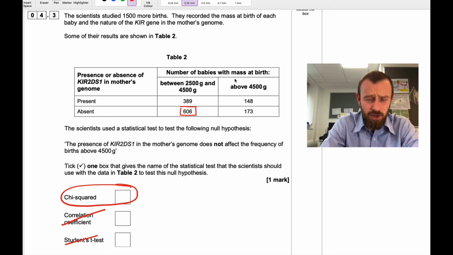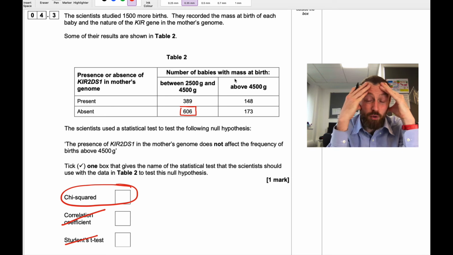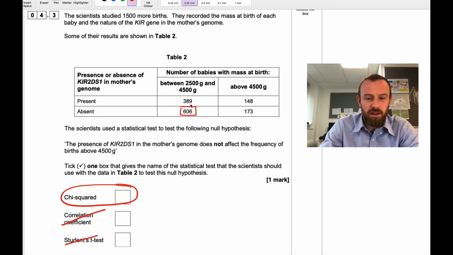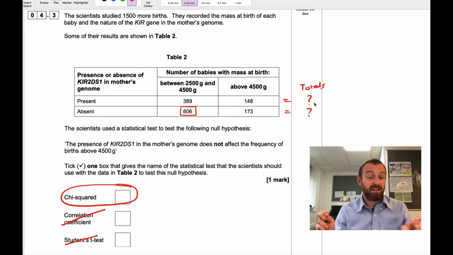So how would we actually use chi-squared in this scenario? I don't think the question asked us to do it, but how would we? I think what we would do, this is kind of beyond, is you'd have to add these two to get the totals for present, totals for absent, and then use those totals to work out an expected ratio if there was no impact.